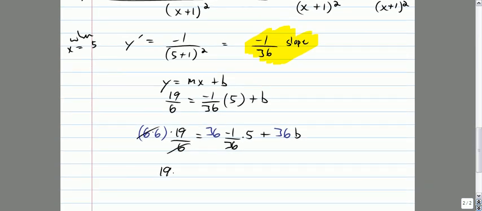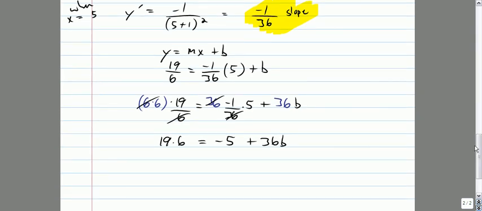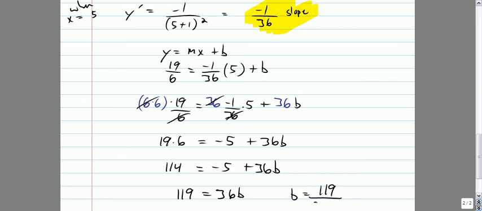So you got 19 times 6 equals -5 plus 36b. 19 times 6, let's see, 20 times 6 would be 120. 120 minus 6, 114. 114 equals -5 plus 36b. 119 equals 36b. b equals 119 over 36.